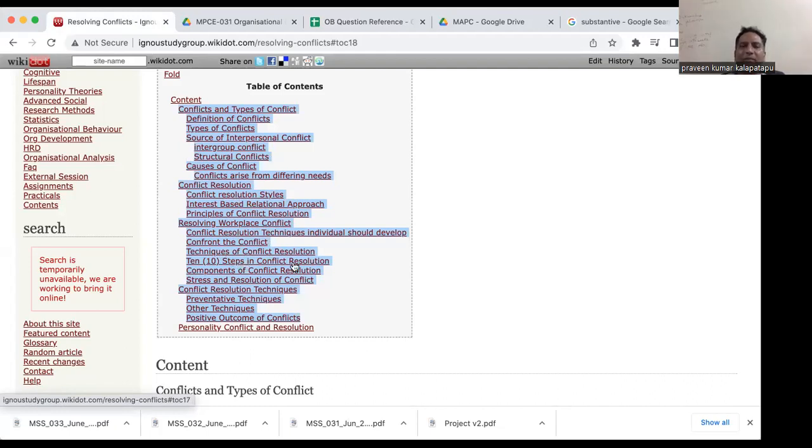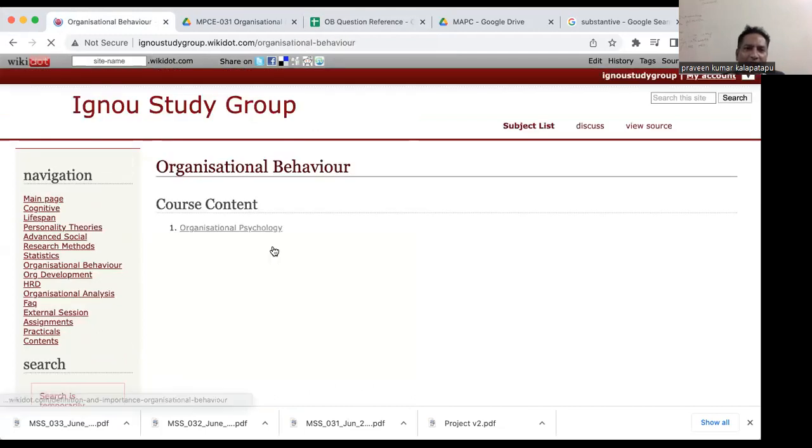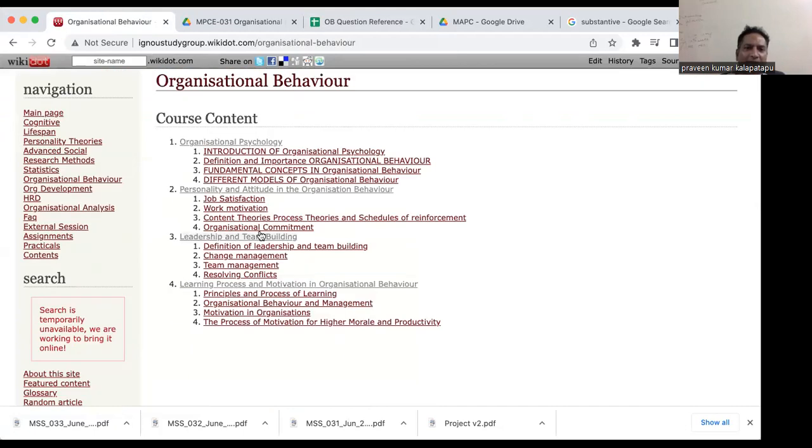The same points come in various directions within the same unit, rephrased in different ways. So that's all about conflict resolution. We finished two today. One is commitment, and now resolving the conflicts.